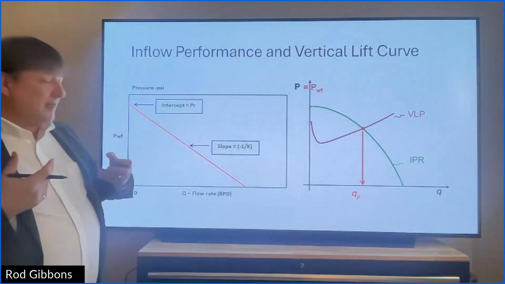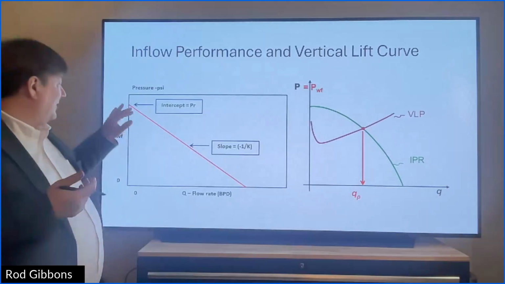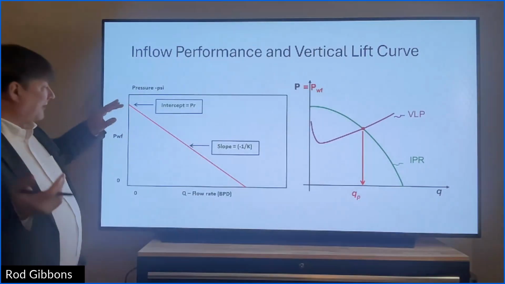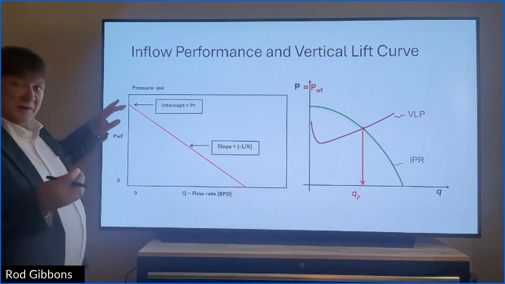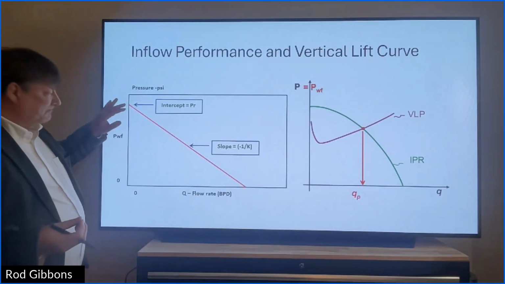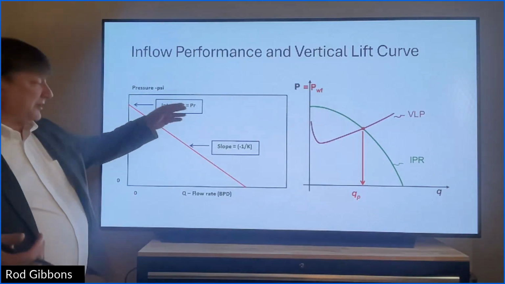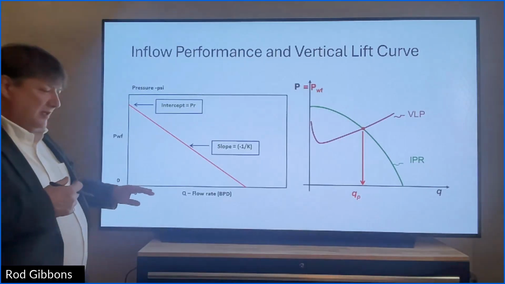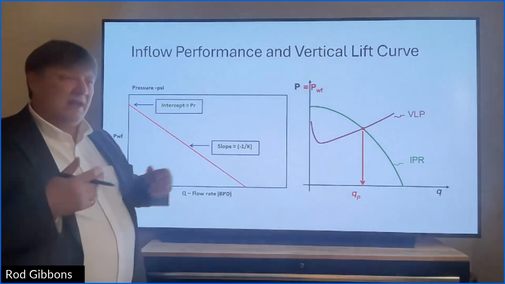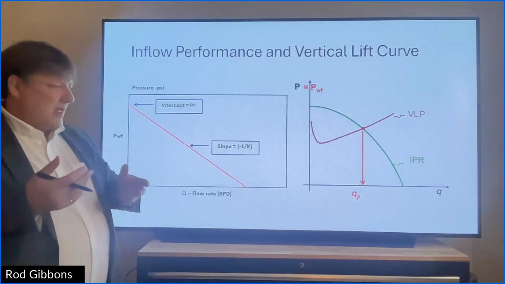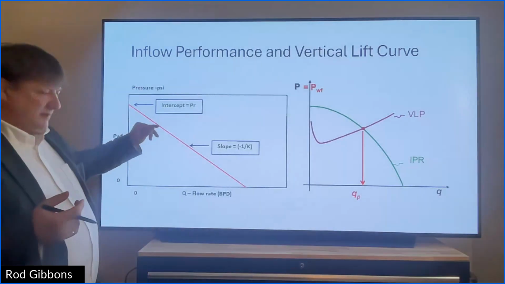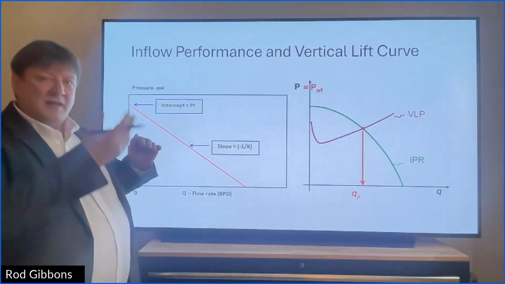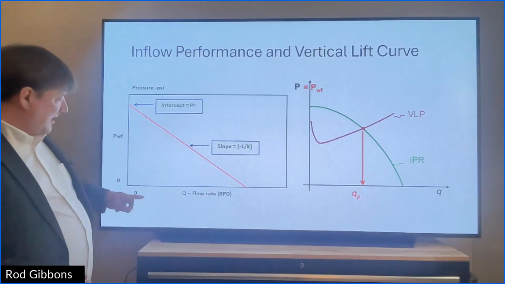You can think of it as, if this is 5,000 psi or whatever pressure, that is the pressure in the reservoir. I'll call it P reservoir. As you start to open the well up and it starts to flow, the pressure starts to drop as oil is produced.